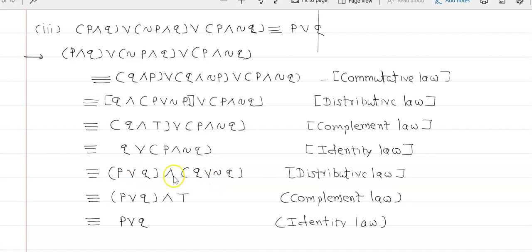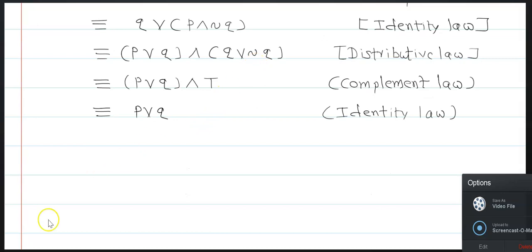That is P or Q and Q or negation of Q, and that's why P or Q and T. This is the distributive law, and here is a complement law. The value of this is T, and that's why P or Q and T is P or Q, which is the identity law. Now the next is, now see this, I had changed the sign.